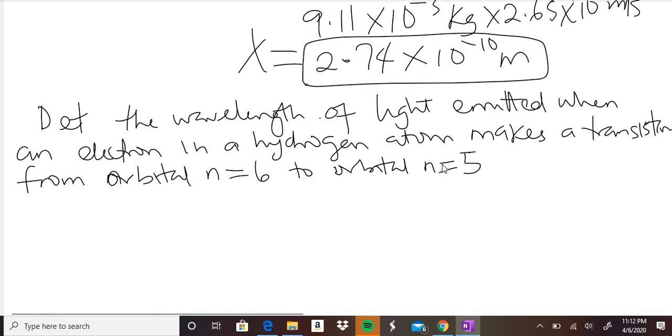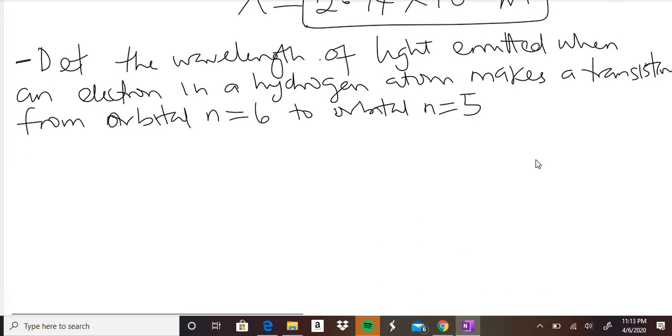So the next example, determine the wavelength of a light emitted by an electron in a hydrogen atom, which makes transition from orbital n equals 6 to orbital n equals 5. So the first thing we should do is to write our relationship.